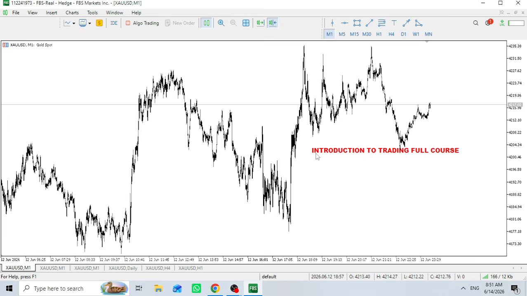Now, here is where the broker plays a role. There is an A-book broker and there is a B-book broker. An A-book broker connects a trader directly to the market liquidity. But a B-book broker will be operating like a casino. He is the liquidity.